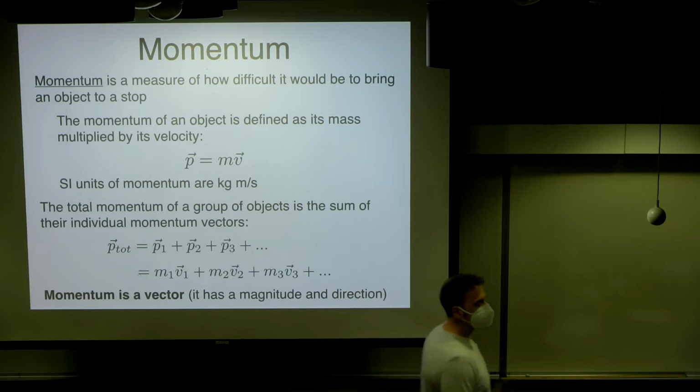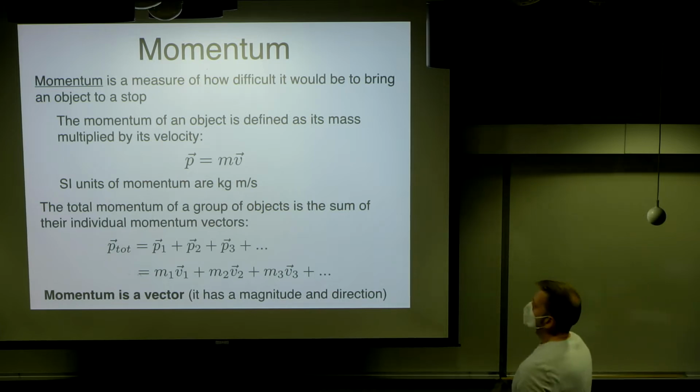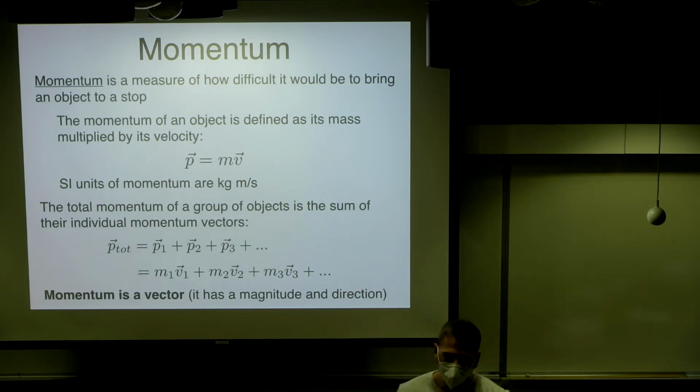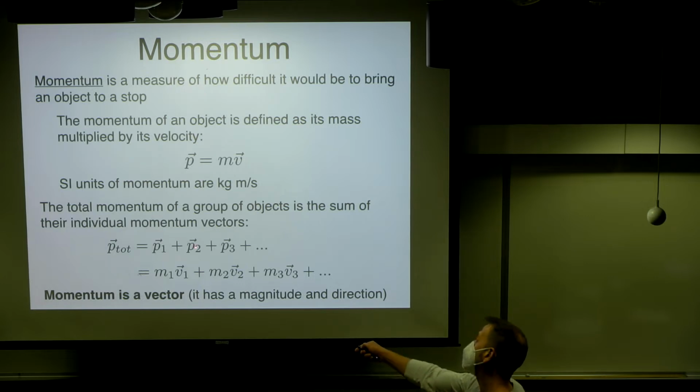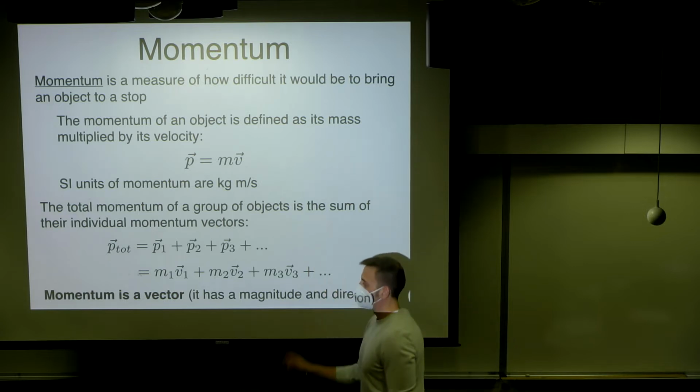In a lot of cases, we'll have multiple moving objects all at once. And in that situation, we want to find the total momentum of that group of objects. So it's pretty simple. You just add up the momenta of the individual objects in your system, okay? So if I want the total momentum of all these different objects, I would take P1 plus P2 plus P3, and so on, until I've included everything.